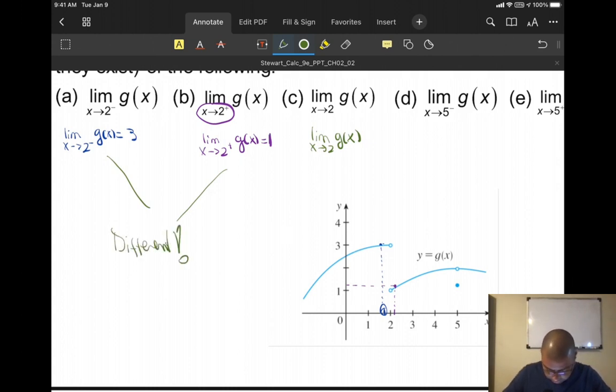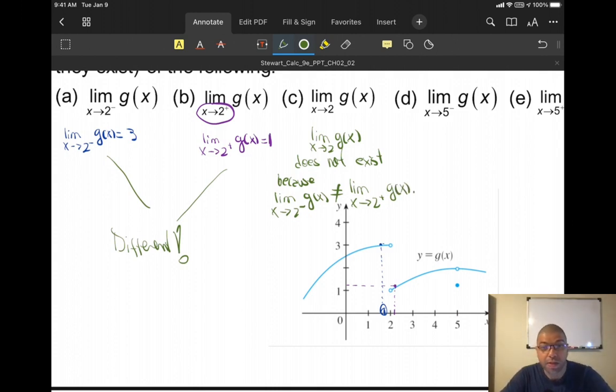So that means this limit does not exist, because the limit as x approaches 2 from the left of g of x is not equal to the limit as x approaches 2 from the right of g of x. They both exist, but they're different. We'll talk about how they could not exist soon. But they'd have to be equal for the limit to exist.